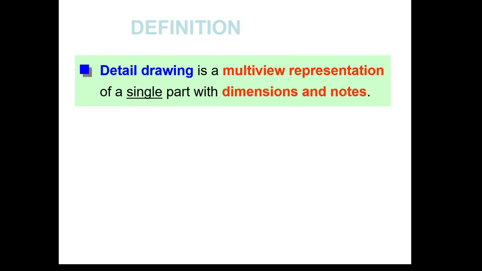Detailed drawing is a multi-view representation. But if the component to explain is a simple right prism, it has only one thickness, so only one view is enough to explain its shape. But if the object is not a simple right prism but a composite prism, then we need to use not only one view but 2, 3, 4, the limit is 6.